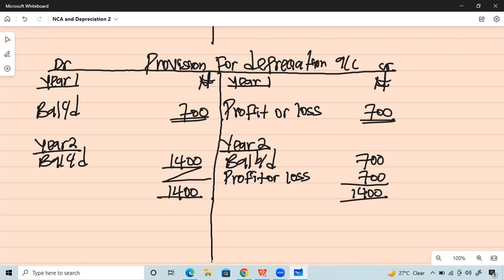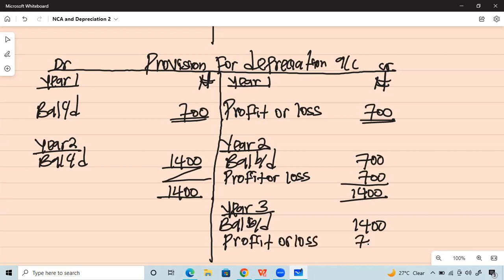Then we go to year three. We bring it down, balance brought down 1,400. What is the depreciation that you are going to have in year three? You say profit or loss.